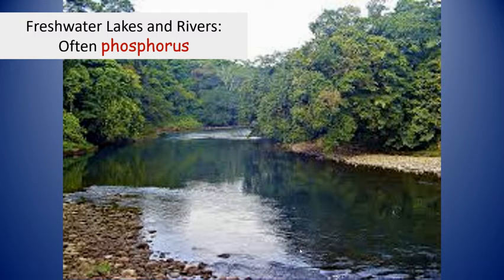Often in freshwater lakes or rivers, phosphorus is a limiting factor. This is one reason why runoff from agriculture is a problem, because if farmers are putting a lot of fertilizer on their fields, which contains a lot of phosphorus, then this can get carried by runoff from rain into lakes and rivers, and that causes species to grow which wouldn't otherwise grow because phosphorus is a limiting factor.